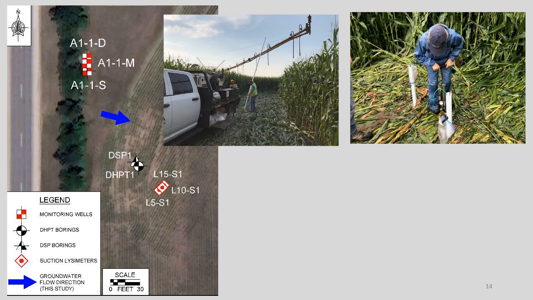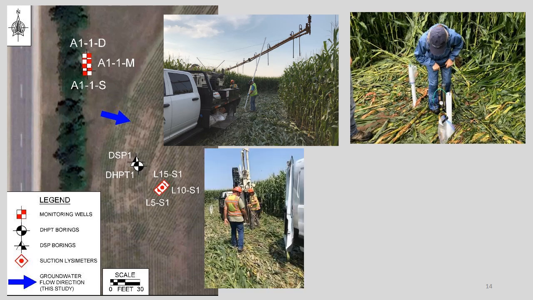So this is us putting in a suction lysimeter. Basically it's a PVC pipe, and the bottom has an unglazed porous ceramic cup. You evacuate it, as you can see in here. We're pumping out the suction lysimeter, and that sucks in the water from the unsaturated zone. And here's the HPT slide that you would have seen in part 1.